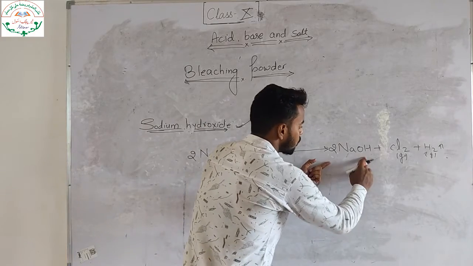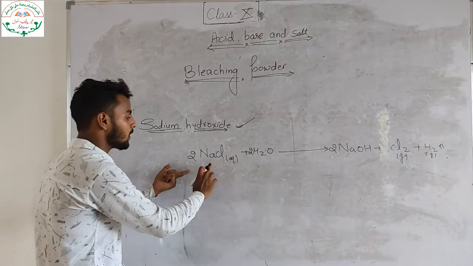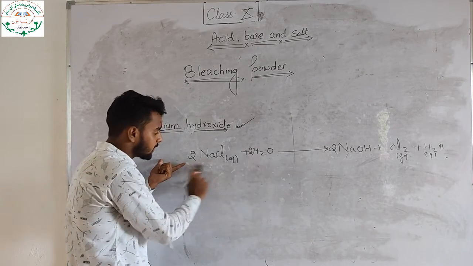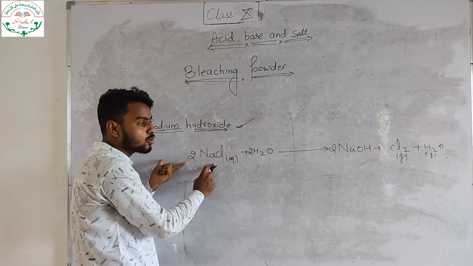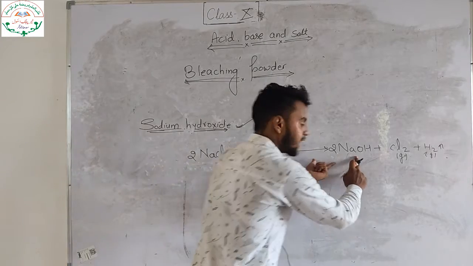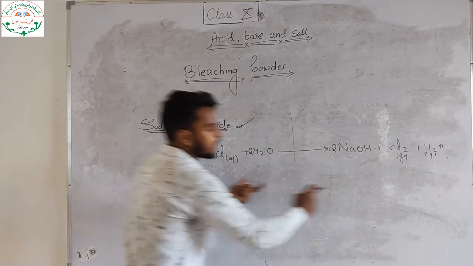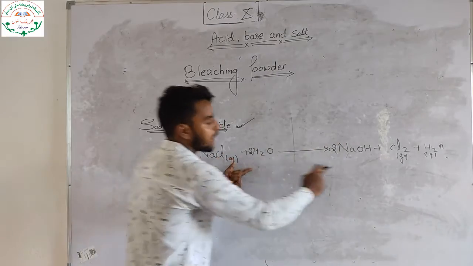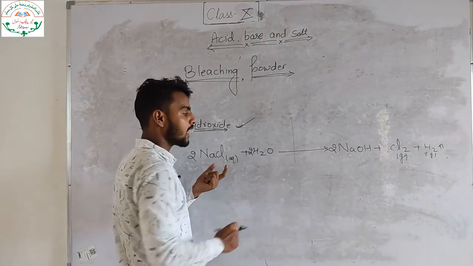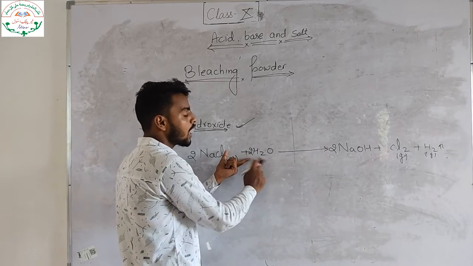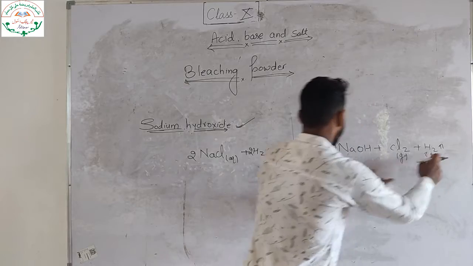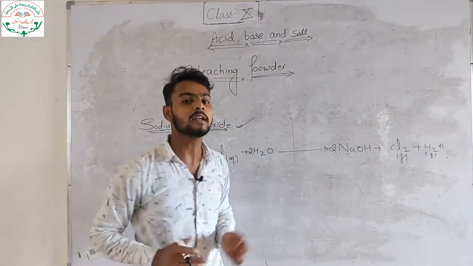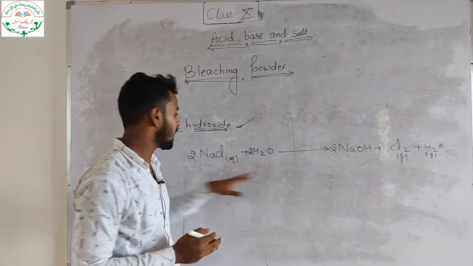Now we are going to check: there are 2 sodium and here also 2 sodium, 2 chlorine and here also 2 chlorine, 2 oxygen and here also 2 oxygen, and 4 hydrogen, here 2 and here 2. And now it is the balance of the reaction. Now it is totally balanced.